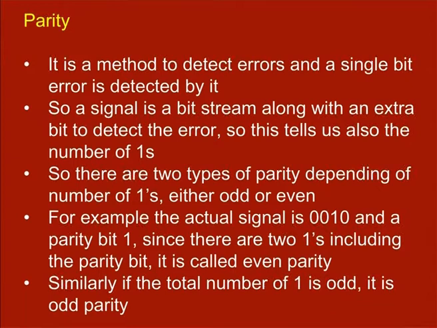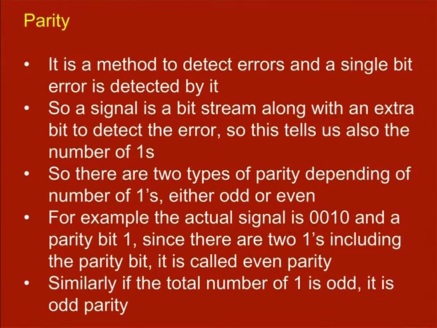So, if we have a 3-bit number, then we add another bit called the parity bit, which will detect the error in the digital signal that we obtain. This also tells us the number of ones that are there.